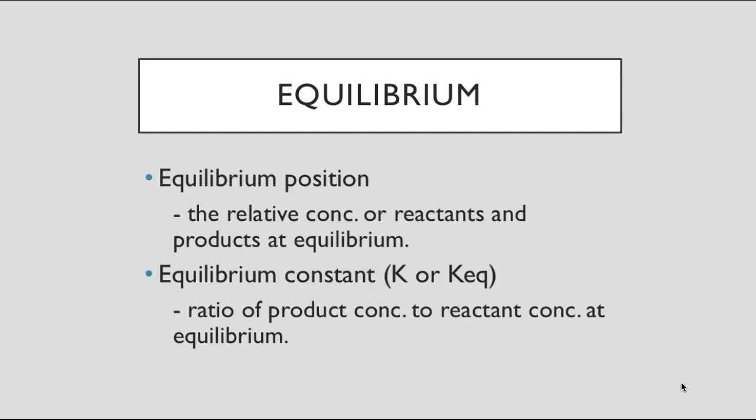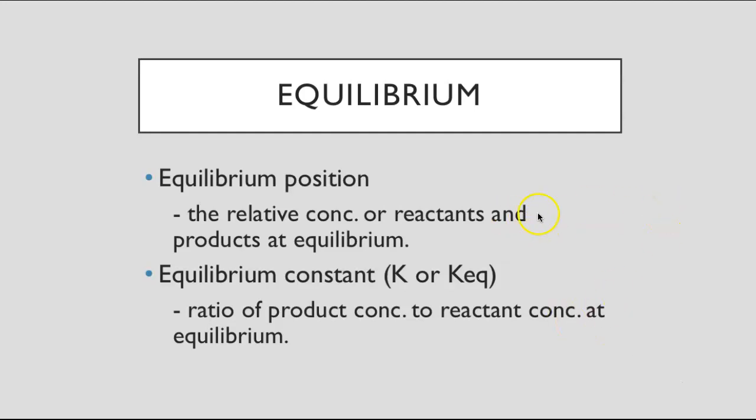Some rates will become equal when you have a lot more products. Some rates will become equal when you have more reactants. So we're looking at reactions in a different way now. We've always looked at them as these are the reactants. They completely react and form products, but that is not always true. Some reactions don't form a lot of products for a variety of reasons.